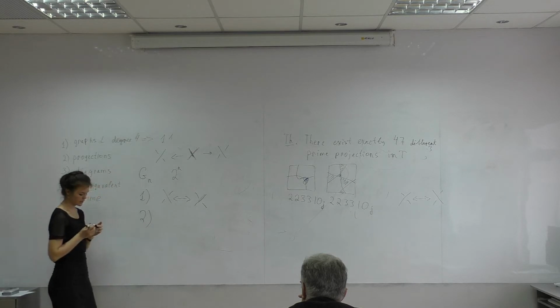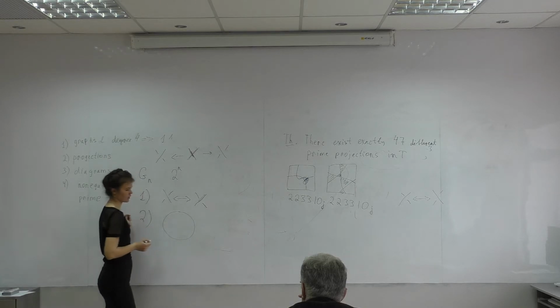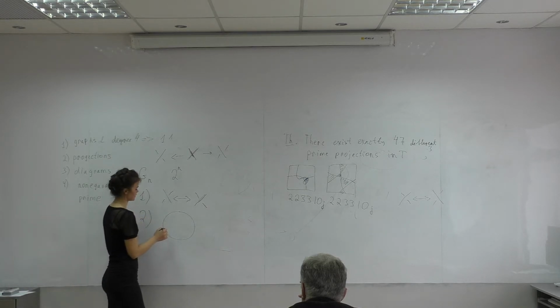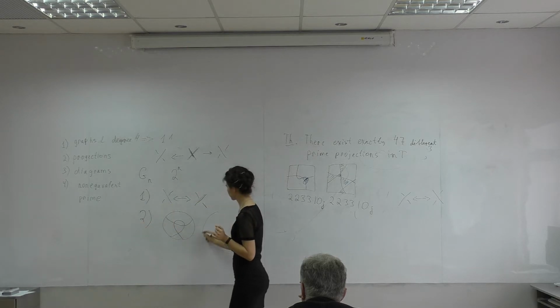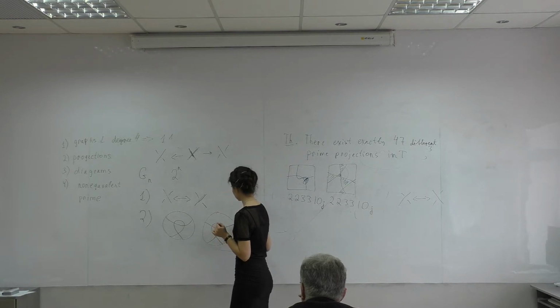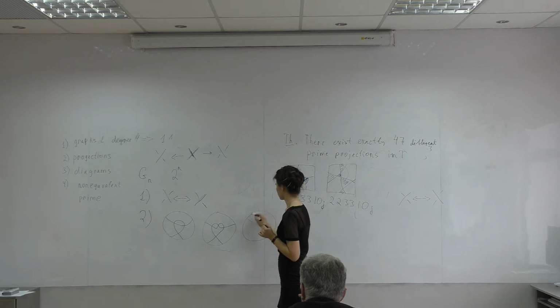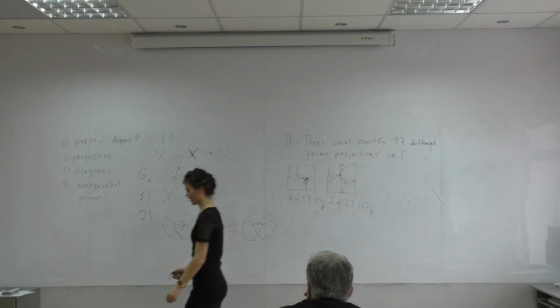And the second idea, which is more interesting, is the following. Suppose that the projection contains one of the following fragments. So this one, this one, or this one.